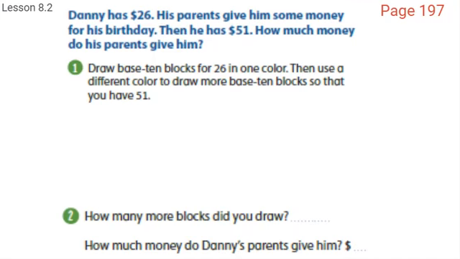I'm going to read this to you. So Danny has $26. His parents give him some money for his birthday. Then he has $51. How much money do his parents give him? So he has 26. Then I'm going to underline that. He has 51. So that's the whole that he has right now.